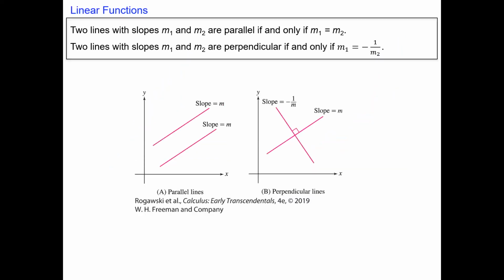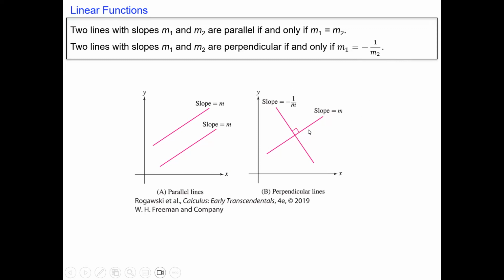Oh, I have one more property. When we have parallel lines, we may notice the slope is the same. Of course, because it's the same steepness, the same slope. When we have perpendicular lines, meaning that when they intersect, they create a 90 degrees angle, then one slope is equal to the opposite sign of the reciprocal of the other.